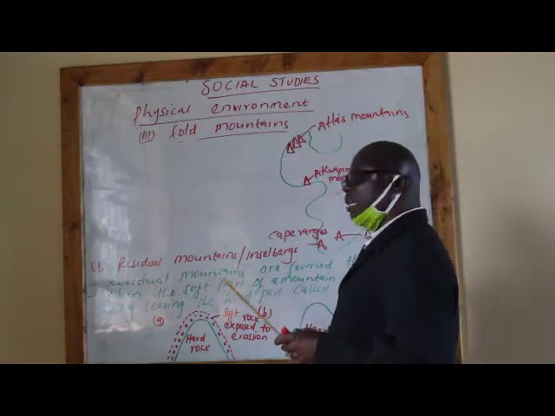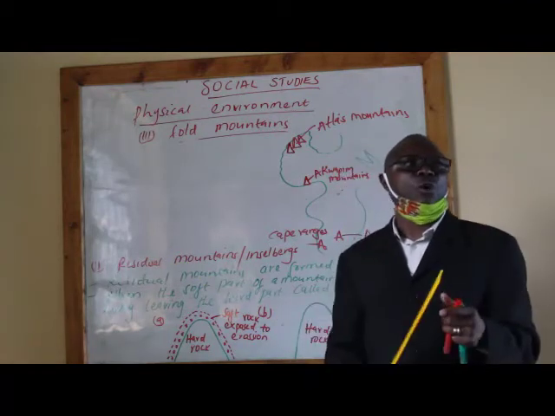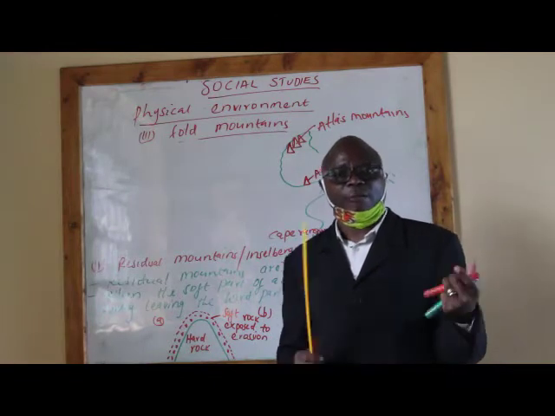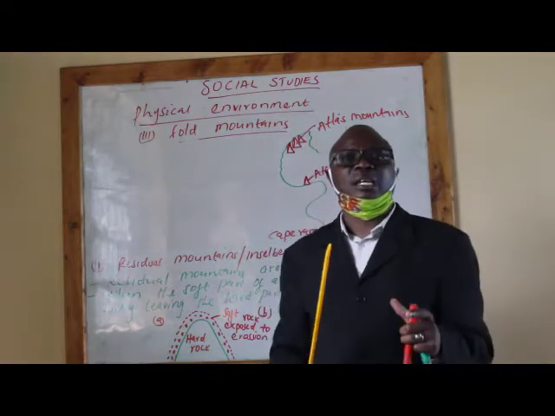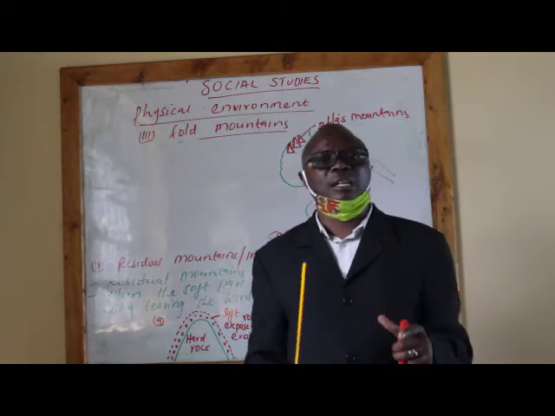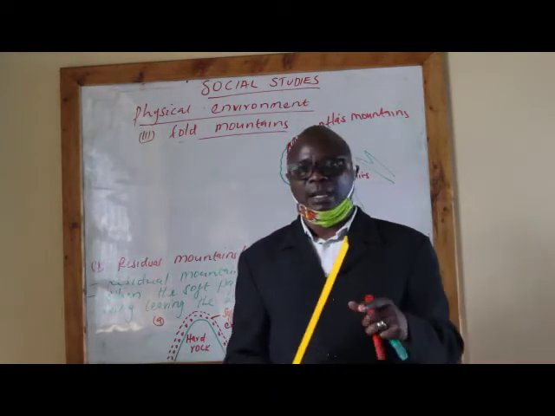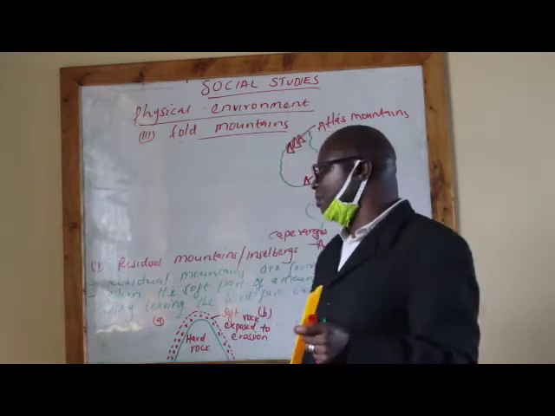Now, residual mountains or inselbergs are very common on plateaus. In fact, we say that isolated hills or isolated mountains on a plateau are known as inselbergs.